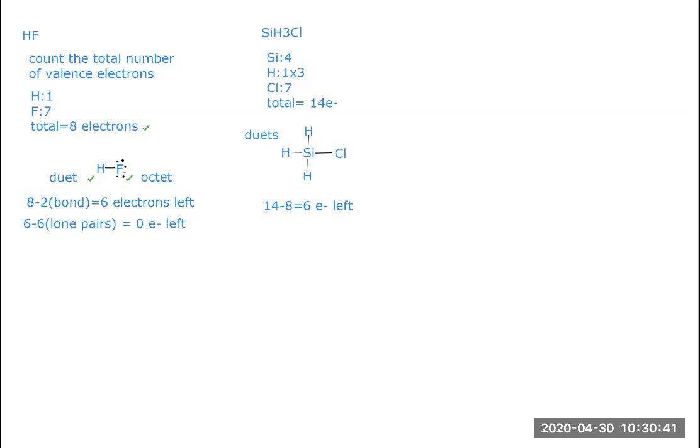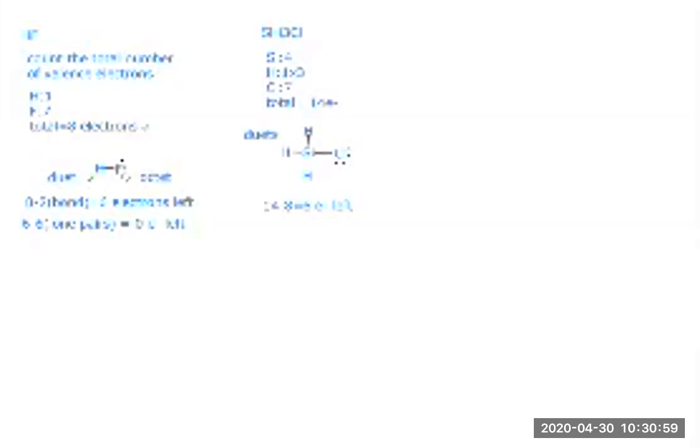And I have 6 electrons left, and that's exactly what I need to make an octet for chlorine, because right now it has 2 electrons from the bond here. So let's give 1, 2, 3, 4, 5, and 6.